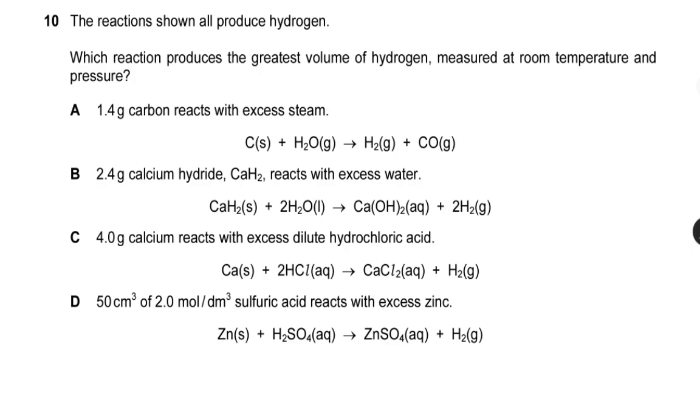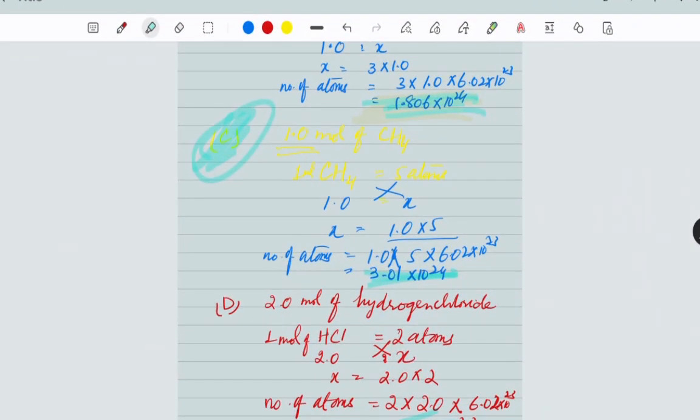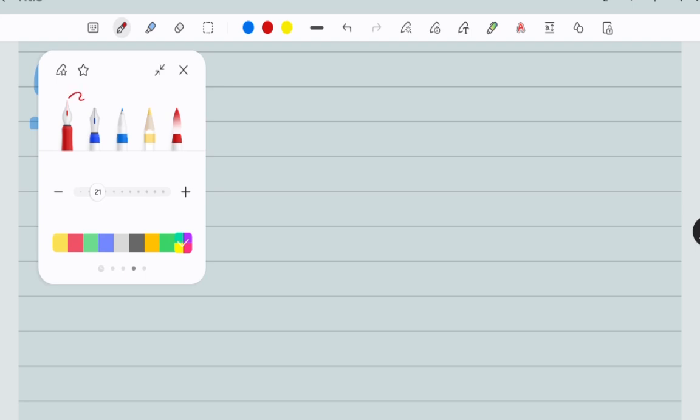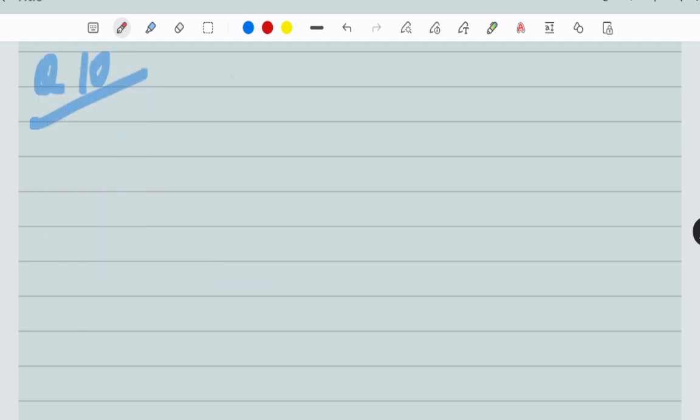Let me move towards the board again. So this one is question number 10. Move on towards question number 10.